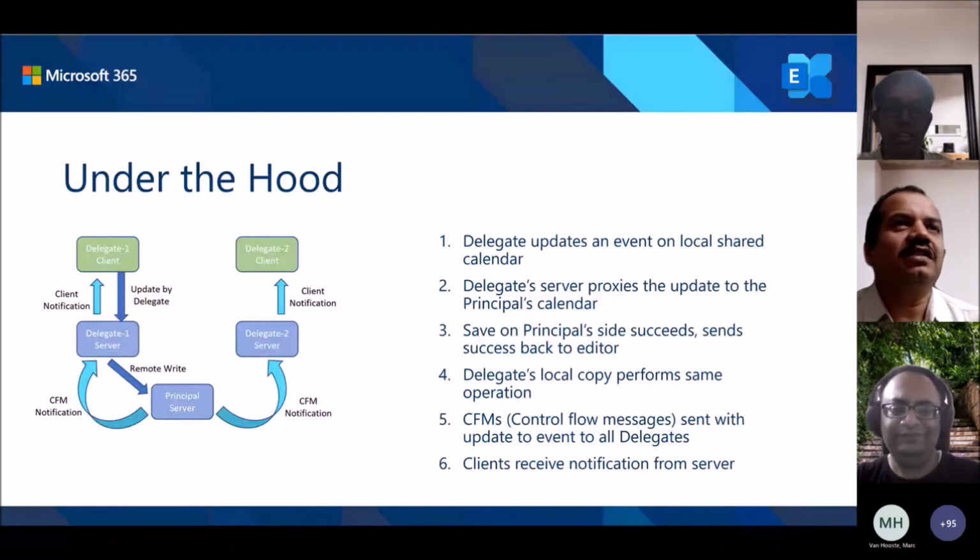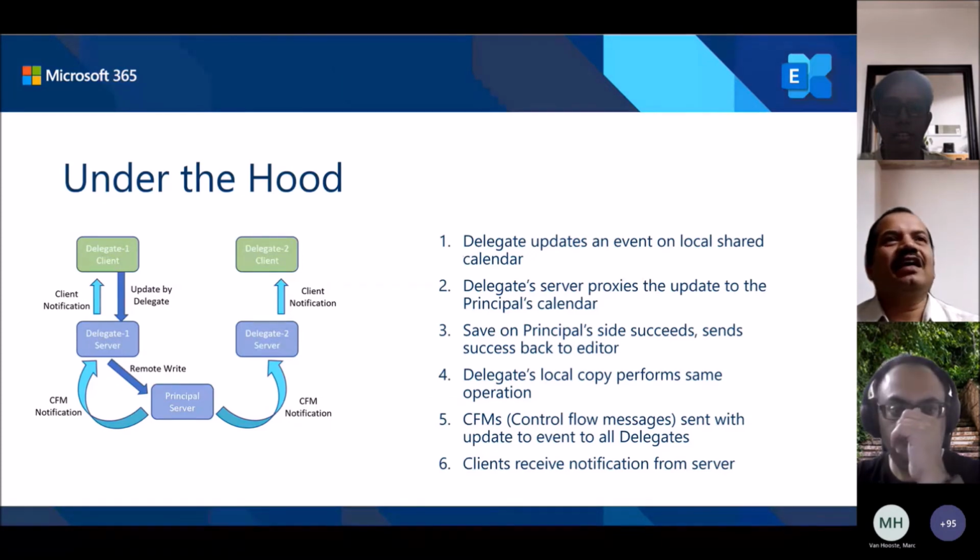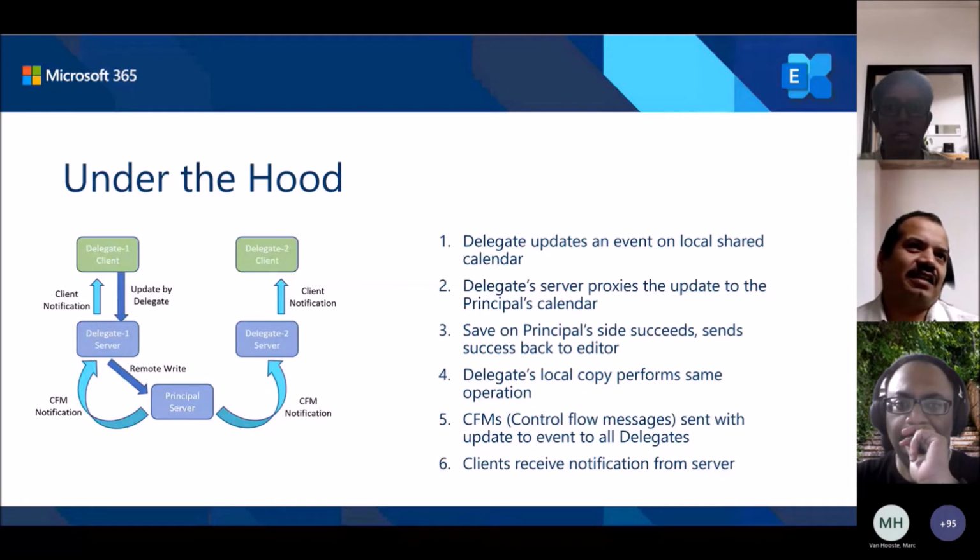Hey, thanks for setting the context. So what has happened is, as Mouli called out, earlier the client had to know how to navigate that pointer. Now we are saying, hey, treat that as a local folder. So this is like a write-through cache. When a delegate makes a change to the principal's, the owner's calendar, in the example that we have taken, there is an update to an event made by delegate 1, and this principal has 2 delegates.